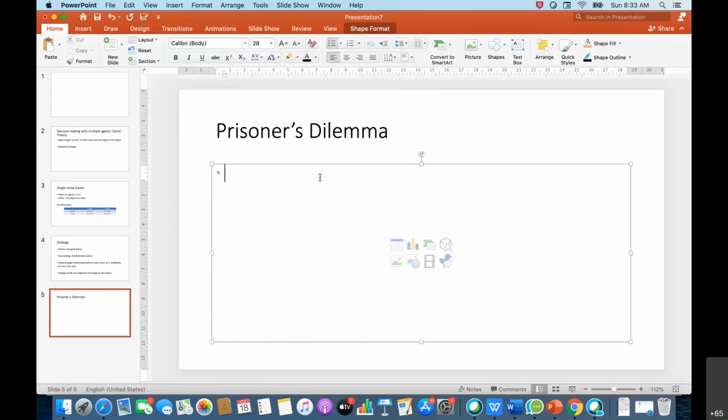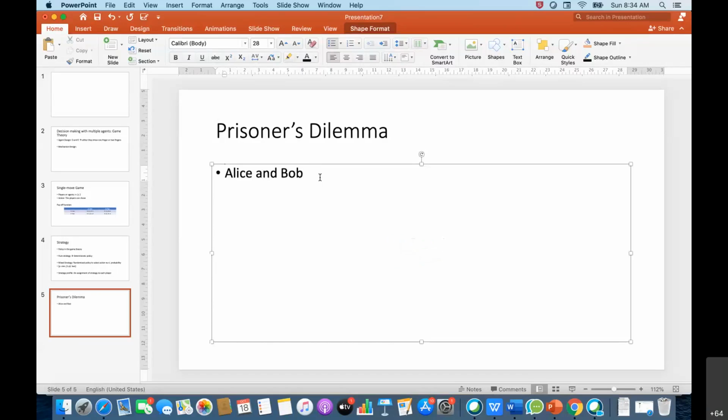What is it? Well, listen carefully. I'm going to describe what the concept of the prisoner's dilemma means. Say there are two suspected criminals who are kept in prison. Let the names of those prisoners be Alice and Bob.